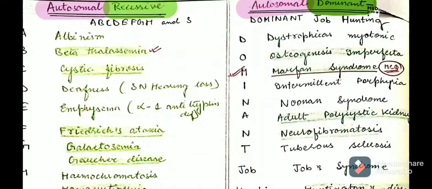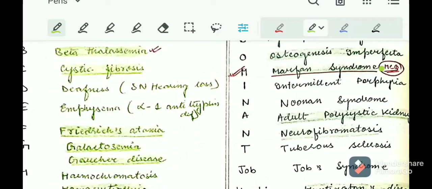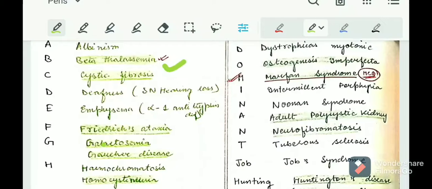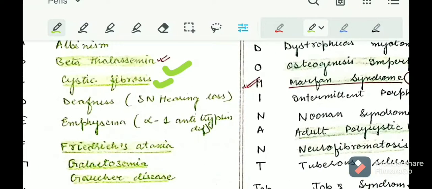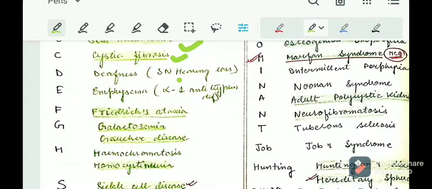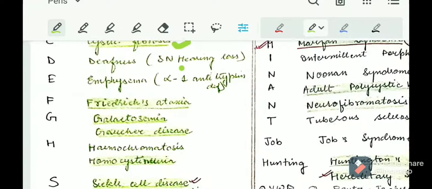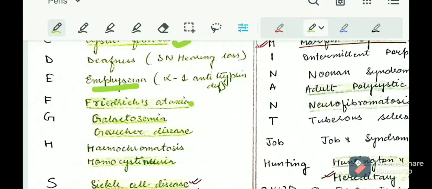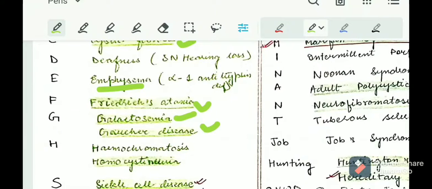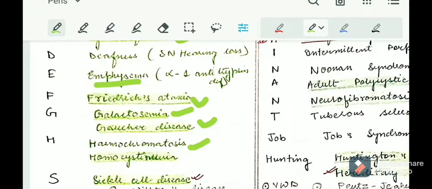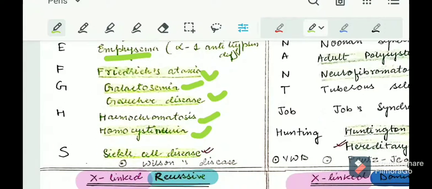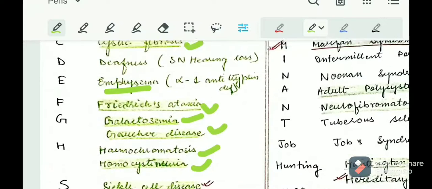The mnemonic here is A B C D E F G H and S. A for albinism, B for beta thalassemia, C for cystic fibrosis, D for deafness, that is sensory neural hearing loss, E for emphysema or alpha 1 antitrypsin deficiency, F for Friedreich's ataxia, G for galactosemia and Gaucher's disease, H for hemochromatosis and homocystinuria, S for sickle cell disease.